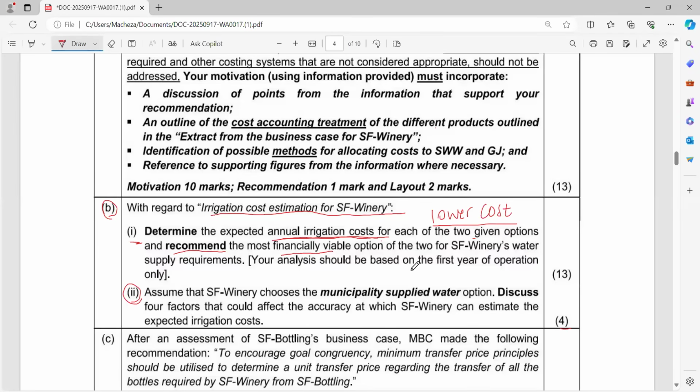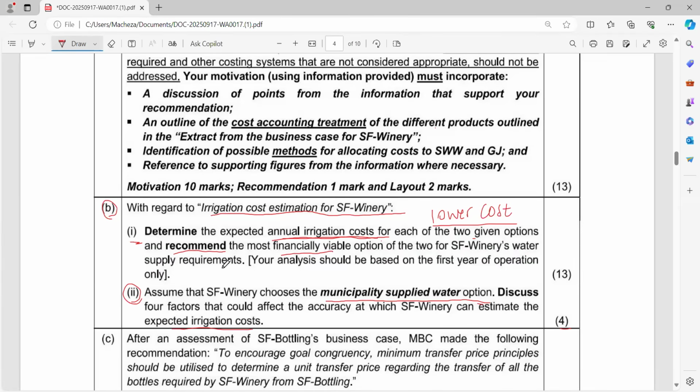Right, let's look at 2. They say, assume that SF Winery chooses the municipality supplied water option. Discuss 4 factors that could affect the accuracy at which SF Winery can estimate the expected irrigation cost. What do you think can affect the estimation here?